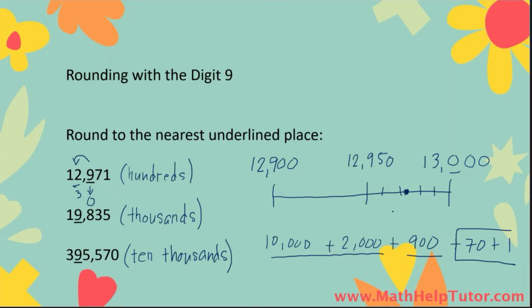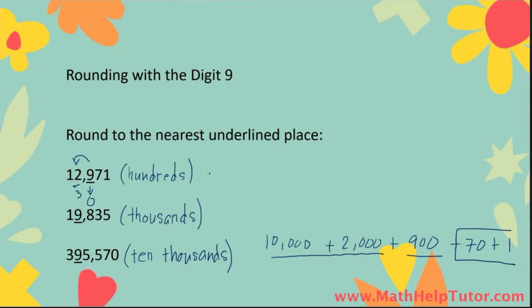So it's somewhere here. So this is our number, 12,971. So as you can see, since our number comes after 12,950 or is larger than 12,950, then we know that our number is nearer 13,000. So the answer to this question is 13,000.